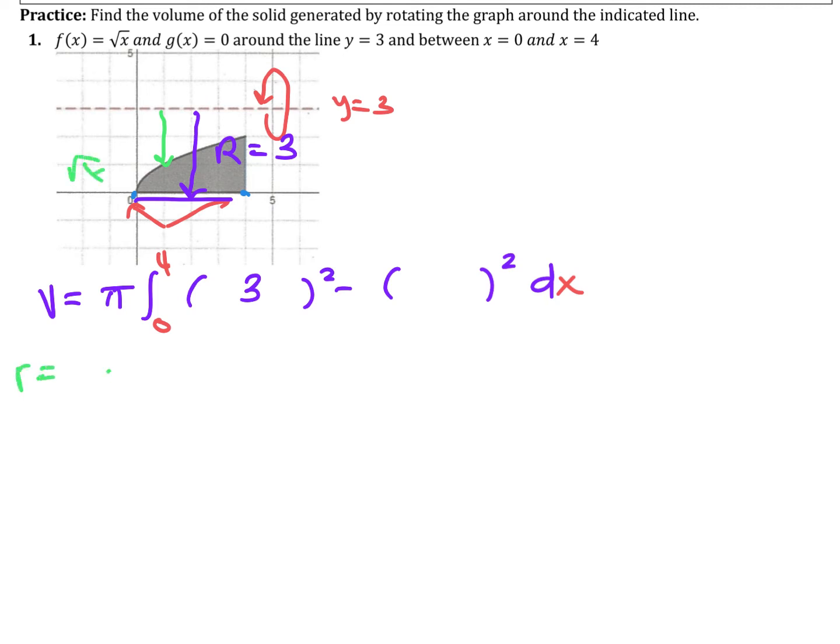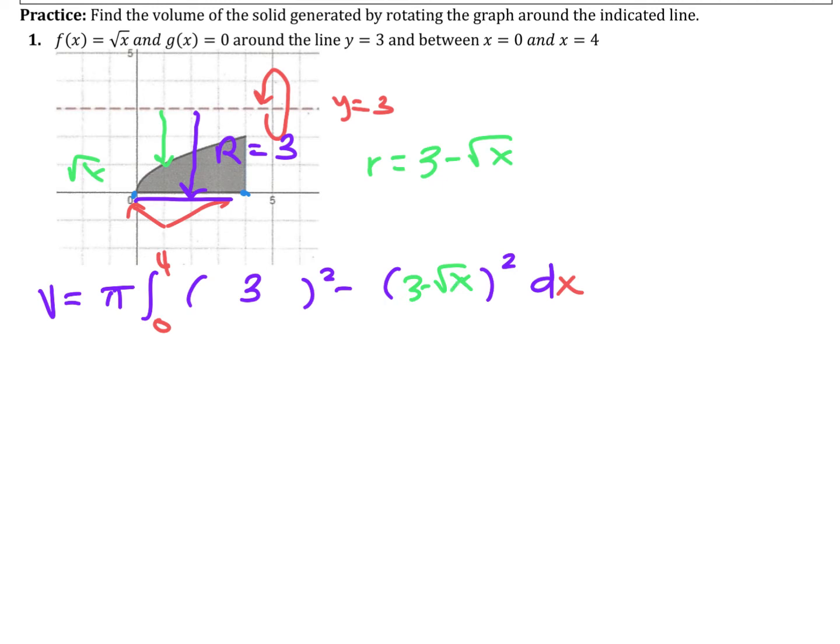But remember, if I just used the square root of x, that would give me the shaded region connecting the axes. That would give me this area. And we don't want that area, which means we want 3 minus the square root of x to be our little r.